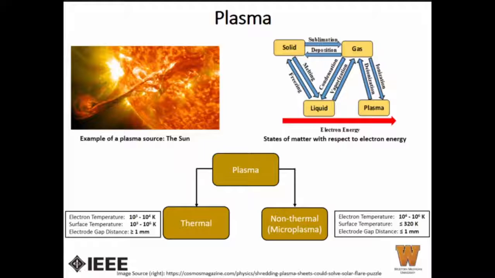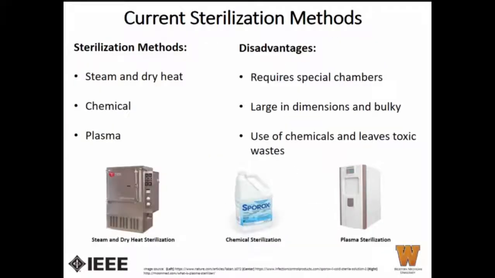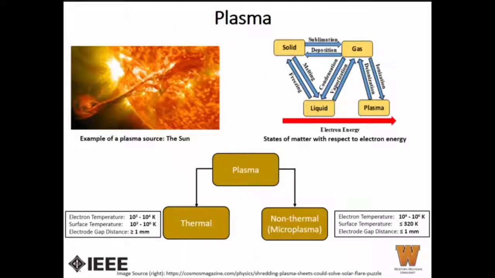For non-thermal plasma or microplasma, the surface temperature is less than the electron temperature, and to form those, the electrode gap distance is less than 1 millimeter. So we are focusing on non-thermal, since the surface temperature is lower and we can be at around room temperature.